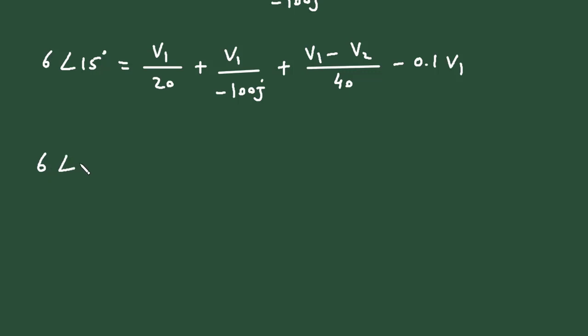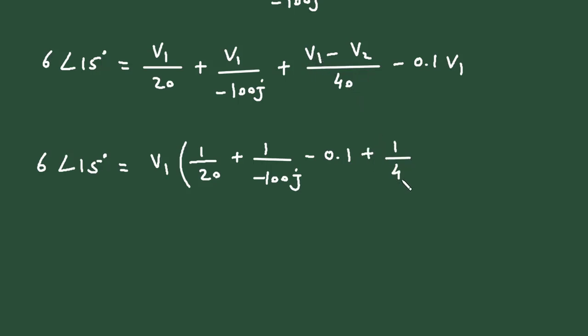Now again 6 at an angle 15 degree is equal to, we can take this V1 common. So if we take this V1 common, then the remaining part will be 1 by 20, then 1 by minus 100j, then minus 0.1, then here this will be 1 by 40. So plus 1 by 40. Here we can separate this 40.